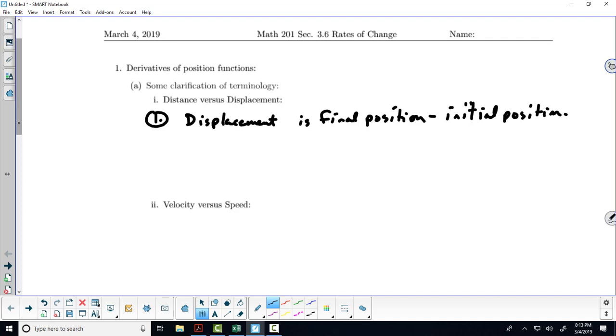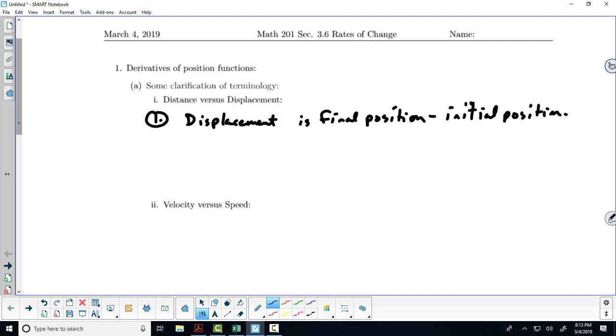It's like the change in the position. So generally, if I ask for the displacement at a certain time period, it'll be how far did it move between the current time and when time equals 0. Okay. So oftentimes this initial position will be at t equals 0.